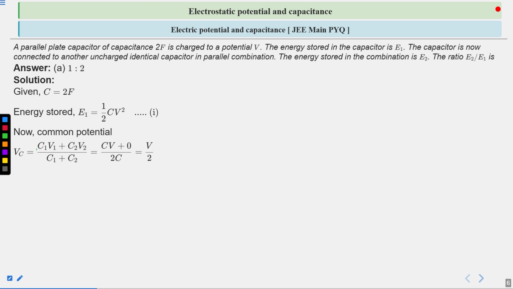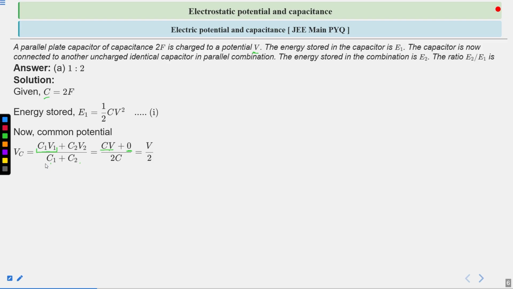C1 V1 is for the first capacitor, that is charged. C1 V1 is Q1, because Q is equal to CV. So Q1 equals C1 V1, the charge on capacitor 1, and C2 V2 is Q2, the charge on capacitor 2. The charge on the first capacitor is initially CV, because its capacitance is C and it is charged to potential V, and the other was uncharged. So initially the first had charge CV and the other had charge 0, upon the sum of capacitances of both.